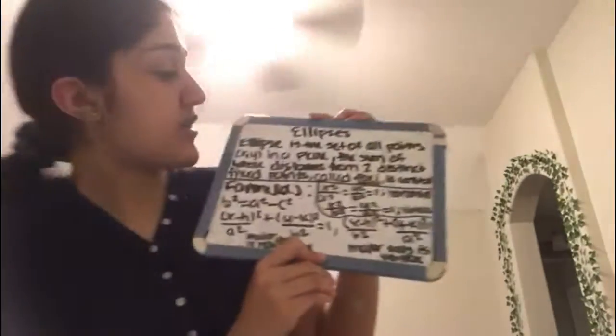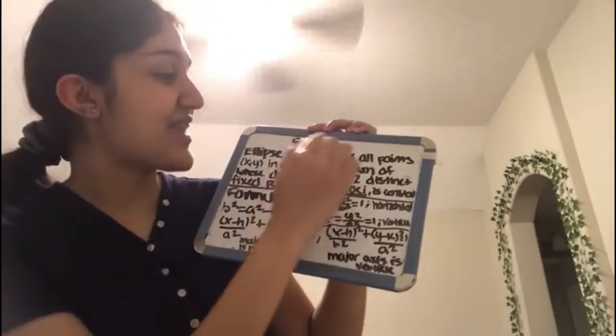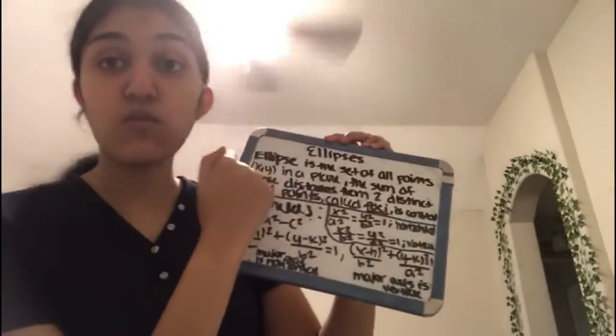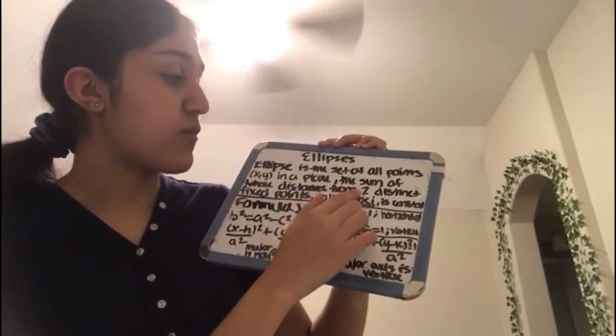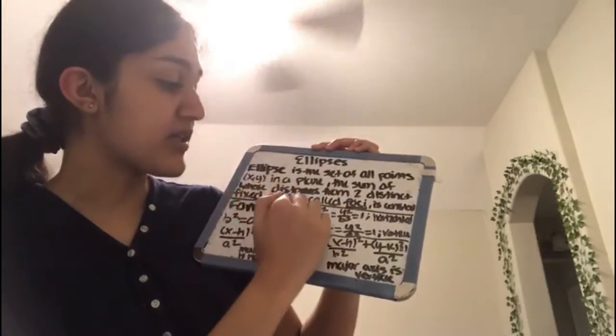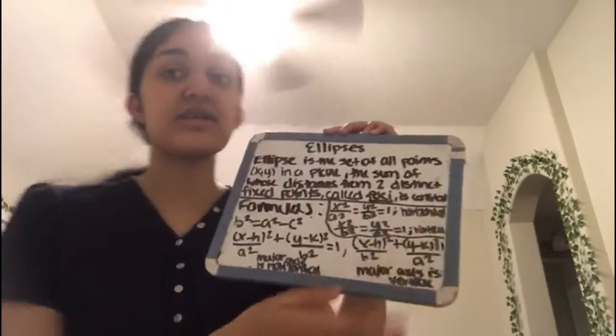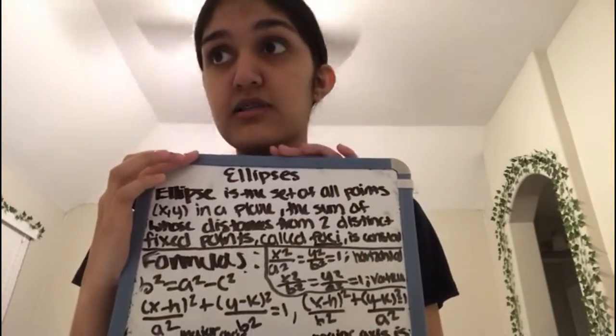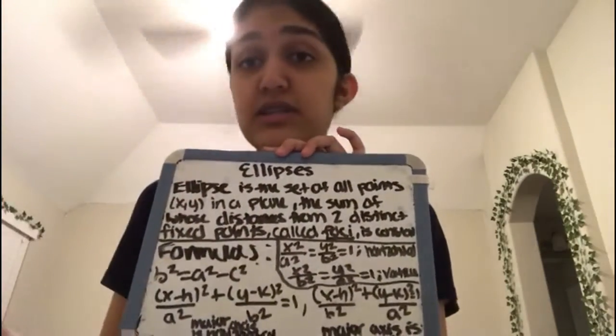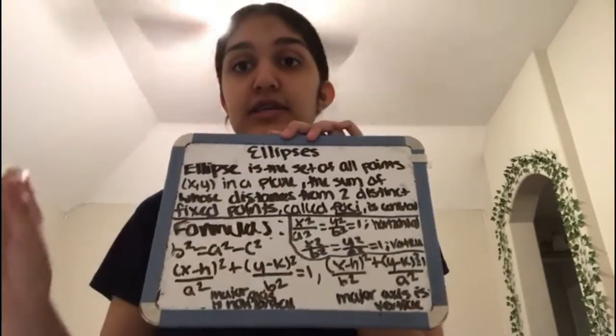So basically, an ellipse is a set of all points x and y in a plane, the sum of whose distances from two distinct fixed points called foci is constant. So on the graph, the sum is constant, not inconsistent.